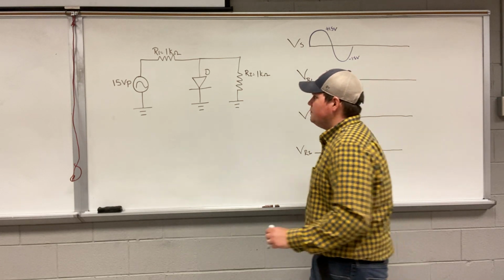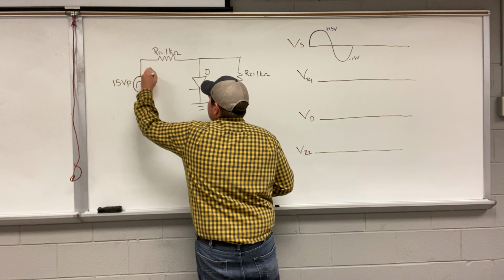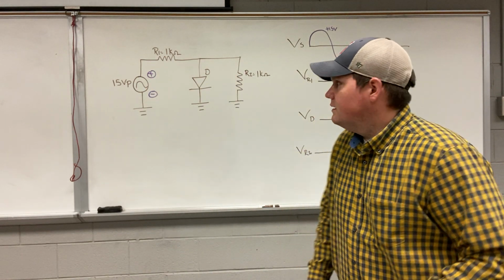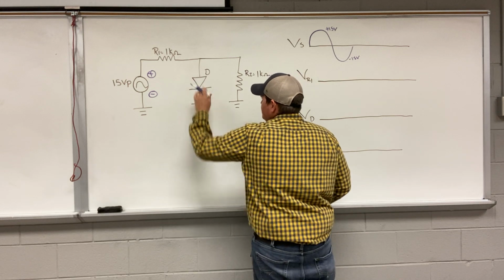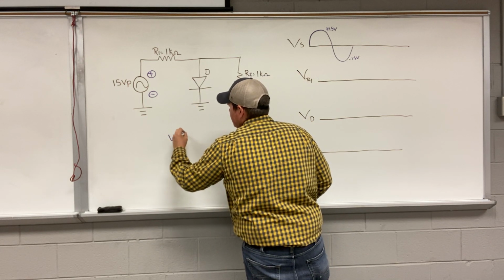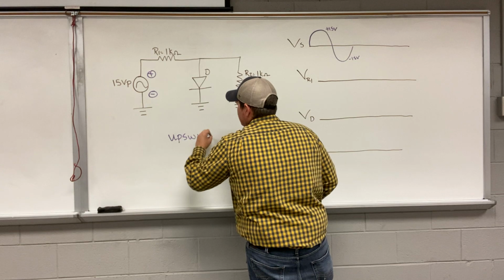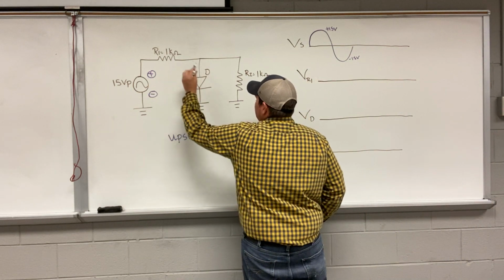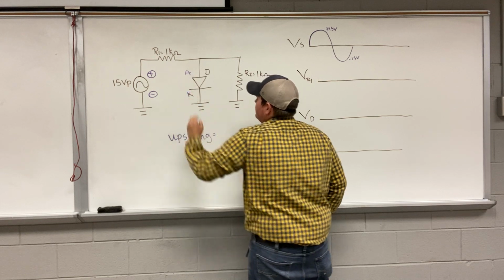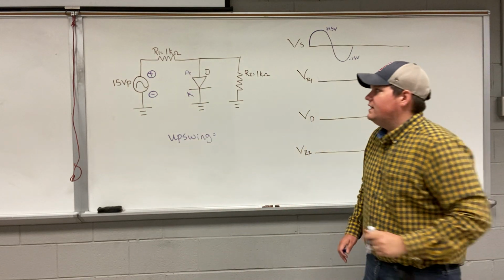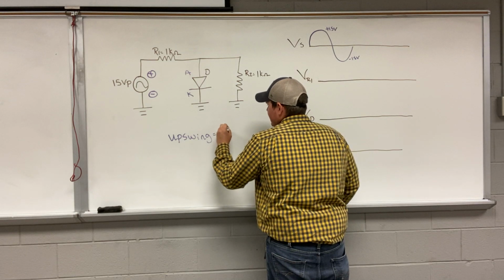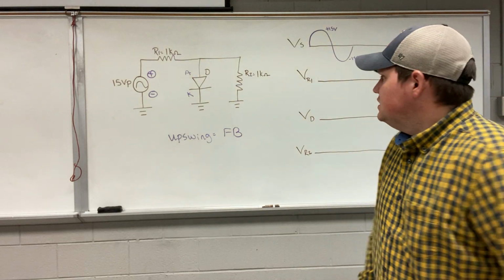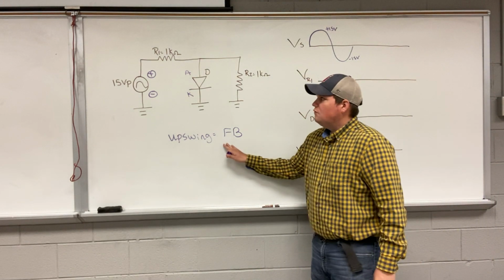Okay, so on the upswing, if this is my polarity, then the anode is more positive than the cathode. So that means that on the upswing, this diode is acting in forward bias. Okay? So on the upswing, we have forward bias.